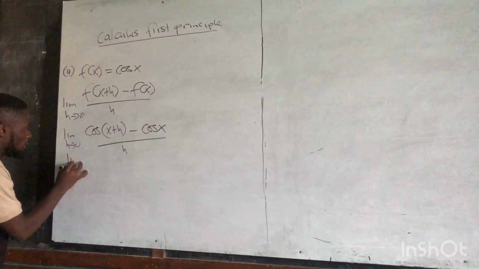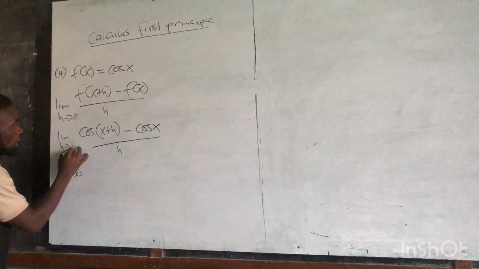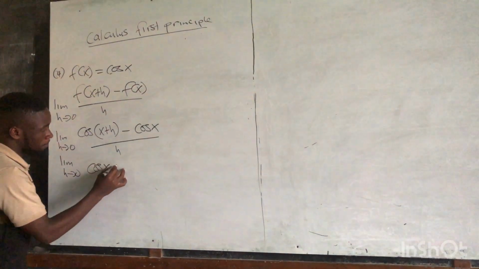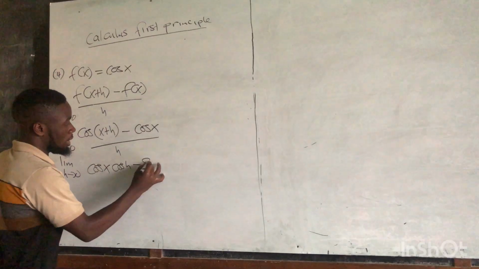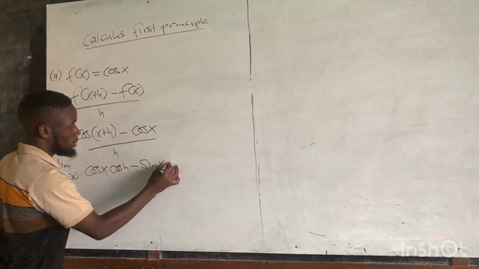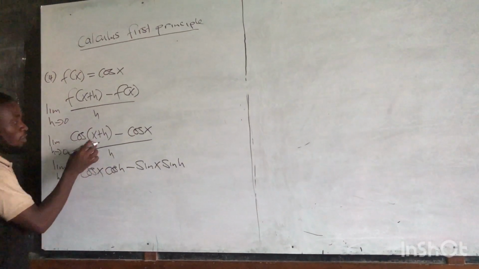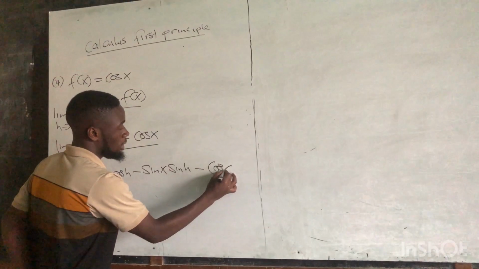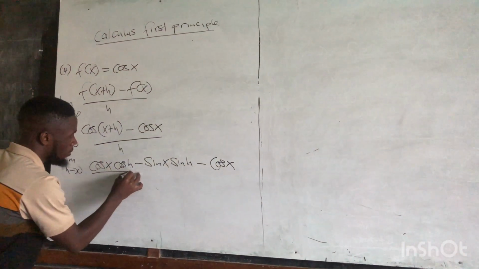Using the double angle formula, we can expand this. Limit as h approaches 0 of cos x cos h minus sin x sin h, minus cos x, everything over h.